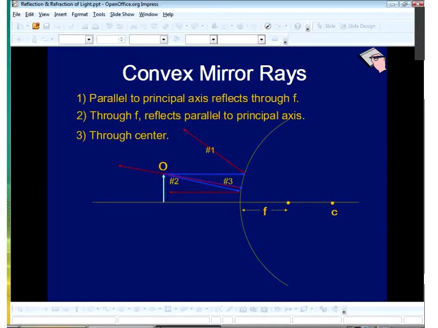Here when we say through F, through center, that's not going to be possible literally. So towards center, towards F, that sounds better.